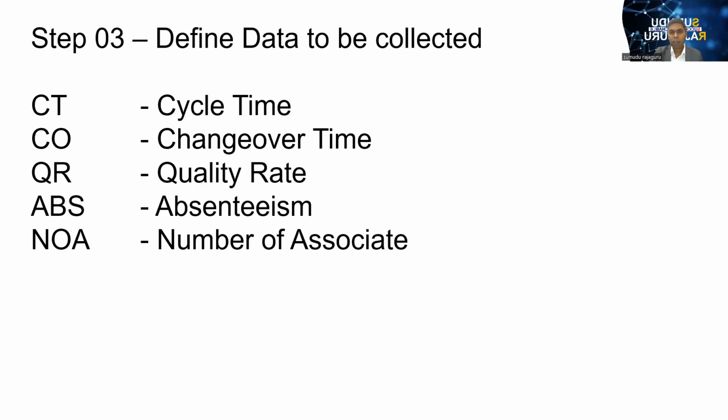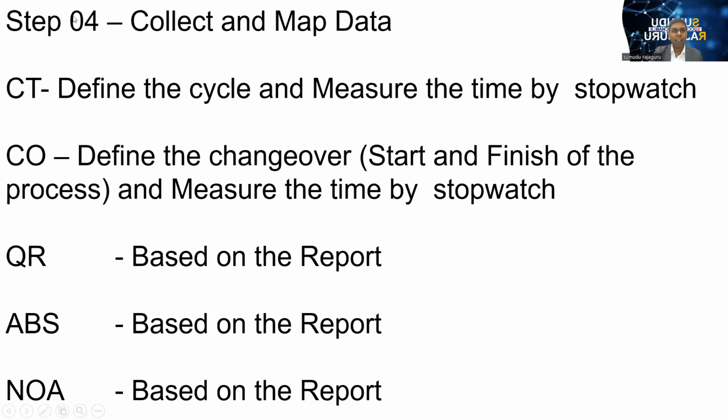After step number 3, collect and map data. Now you have to collect the data. For cycle time, define the cycle and measure the time by stopwatch. That means you have to go through the process flow, starting from the raw material stores, then cutting department, printing, embroidery, sewing.